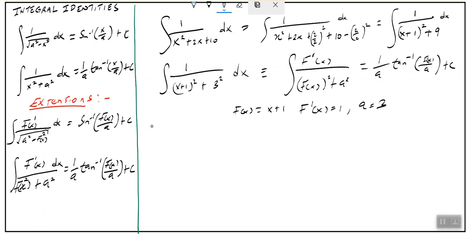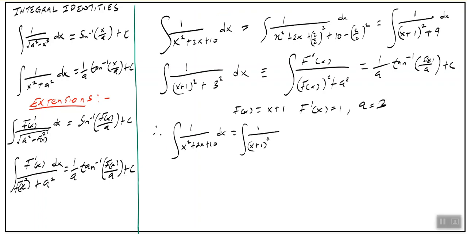So we can conclude, therefore, the integral of 1 over x squared plus 2x plus 10 dx, written in a better form by completing the square, is equal to 1 divided by 3 tangent inverse of f of x, which is x plus 1, divided by 3, plus c.